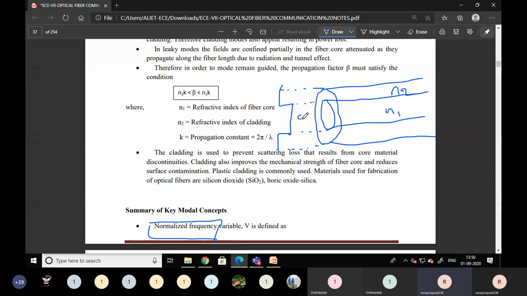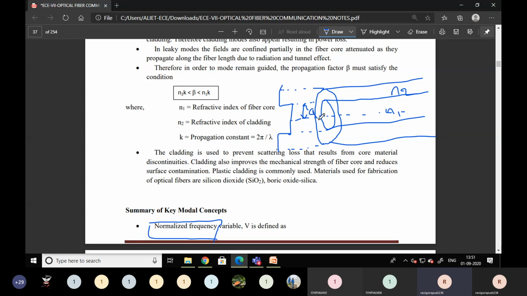This we are going to consider from the axis. For example, this is the axis I am taking. From this axis up to the cladding, this distance is nothing but a.